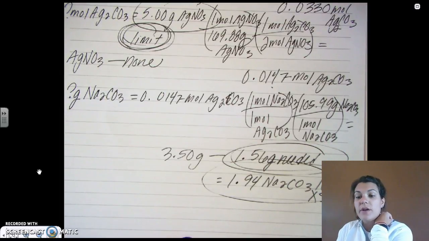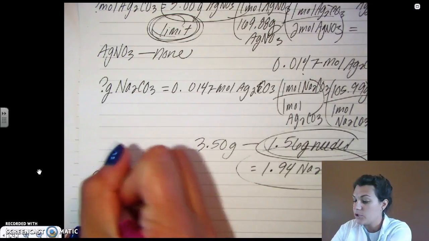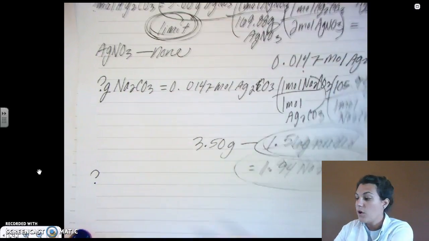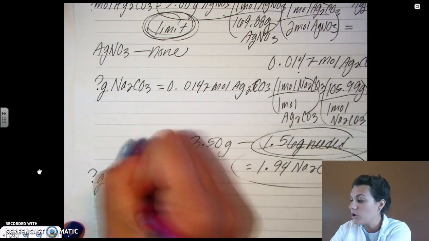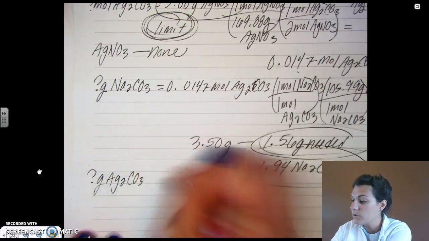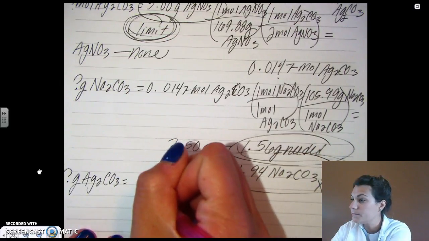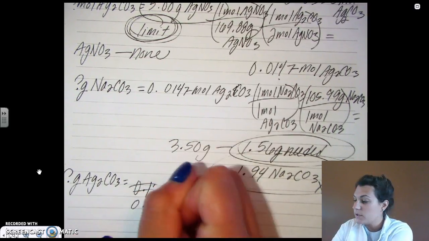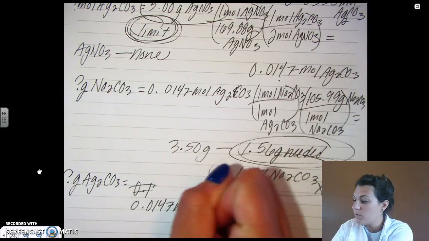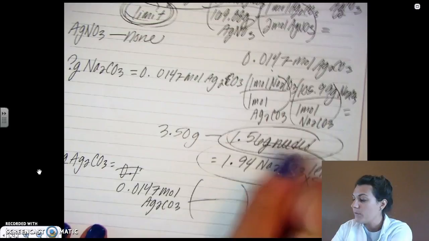And then the last 2 conversions that I have to do are of my products from my limiting. So the first one that I'm going to do is I'm going to say question mark grams of, I'm going to do silver carbonate first because I already have that in moles. And that's equal to the 0.0147 moles of silver carbonate, right?